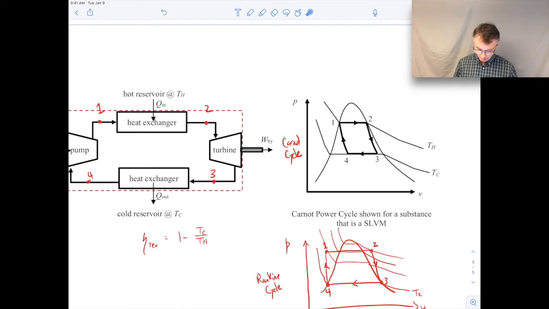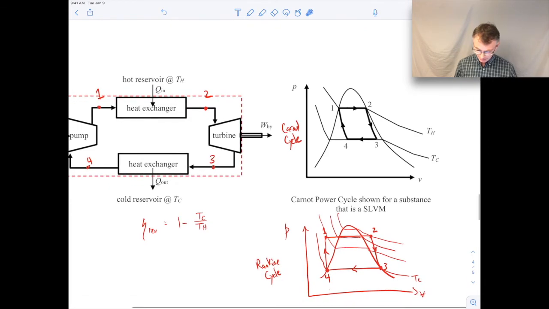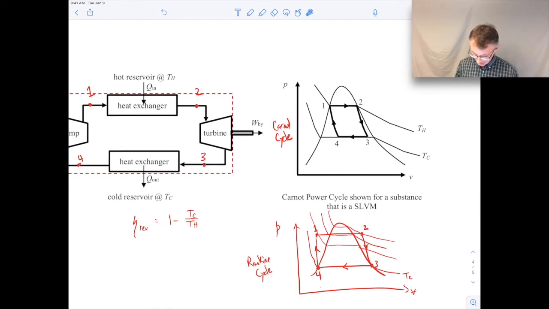The point I'm trying to make is that even if you have an ideal Rankine cycle, because the hot thermal reservoir does not stay at a constant temperature, but its average temperature is typically a bit lower than for the Carnot cycle, the reversible Rankine cycle will have a smaller thermal efficiency than the Carnot cycle. So even though they're both reversible cycles, the Carnot cycle will have the highest efficiency because its TH is higher than the effective TH in a Rankine cycle.